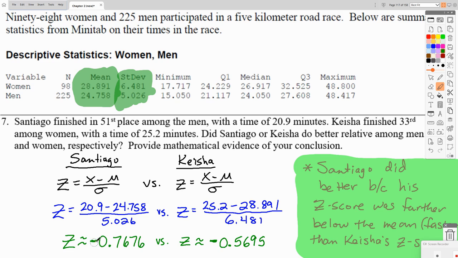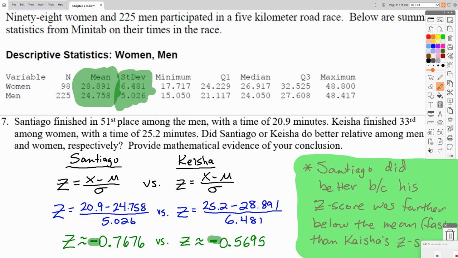I found that Santiago's z-score was negative 0.7676, and Kesha's z-score was also negative, at 0.5695. We have to remember, in terms of race times, smaller is faster. Since they both have negative z-scores, that means they were better than average.